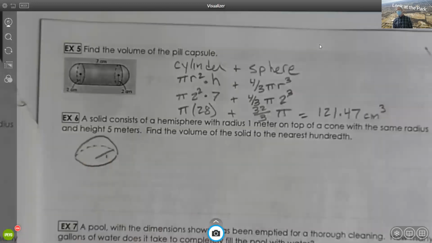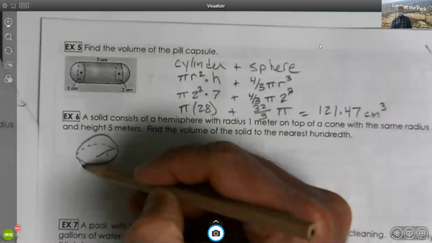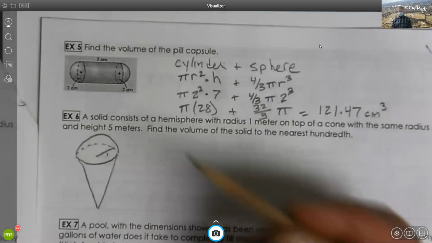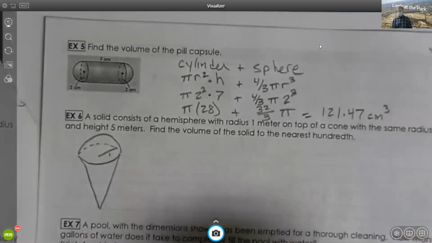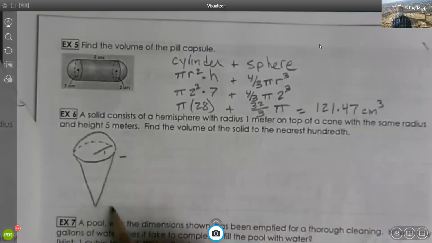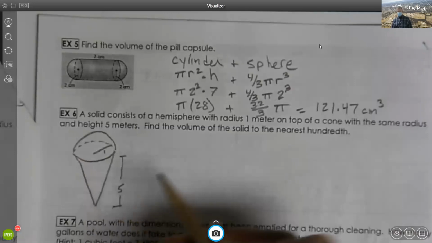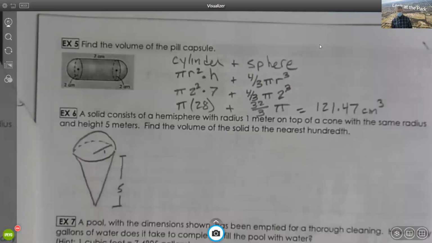So there would be our hemisphere. And there would be our cone. And the cone itself is 5. So go ahead and try to set this up. If you're watching the video, you can pause it, give this a try, then come back and check out the answer.